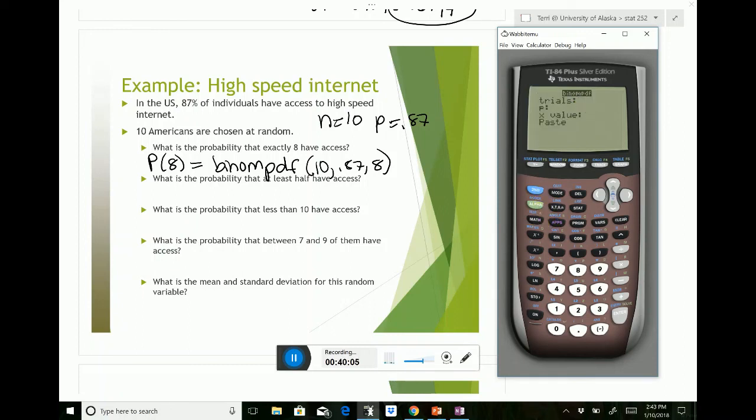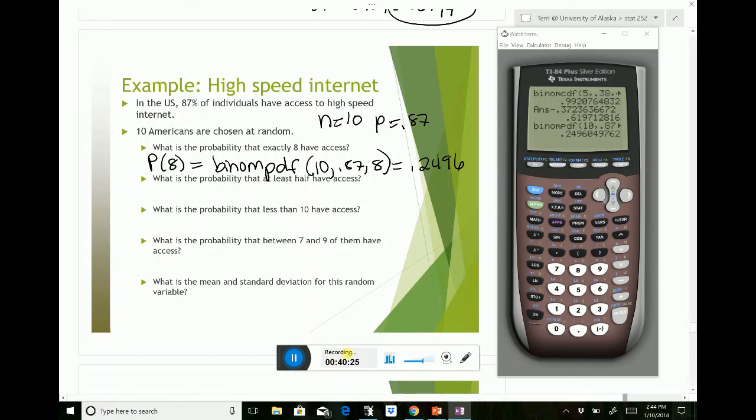It pulls it up. So trials is 10, 0.87. X value is 8. There we go. Enter, enter. 0.2496.